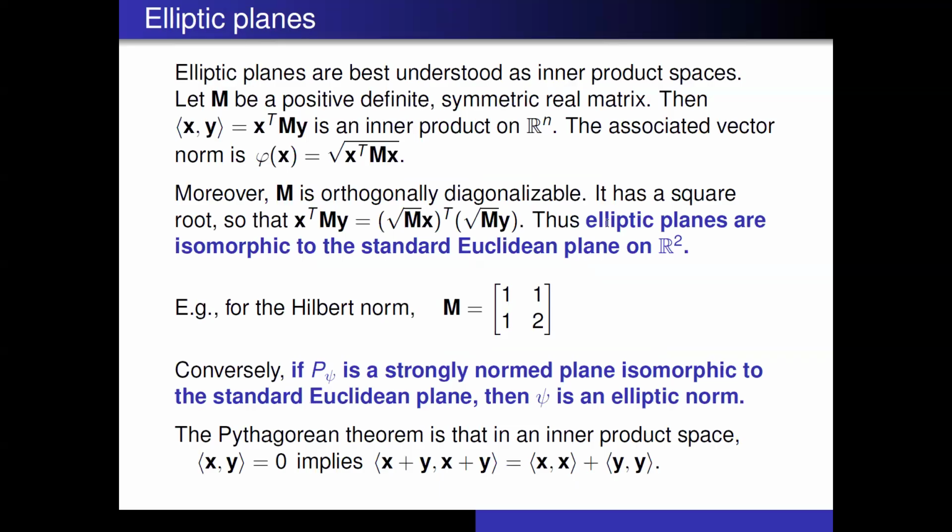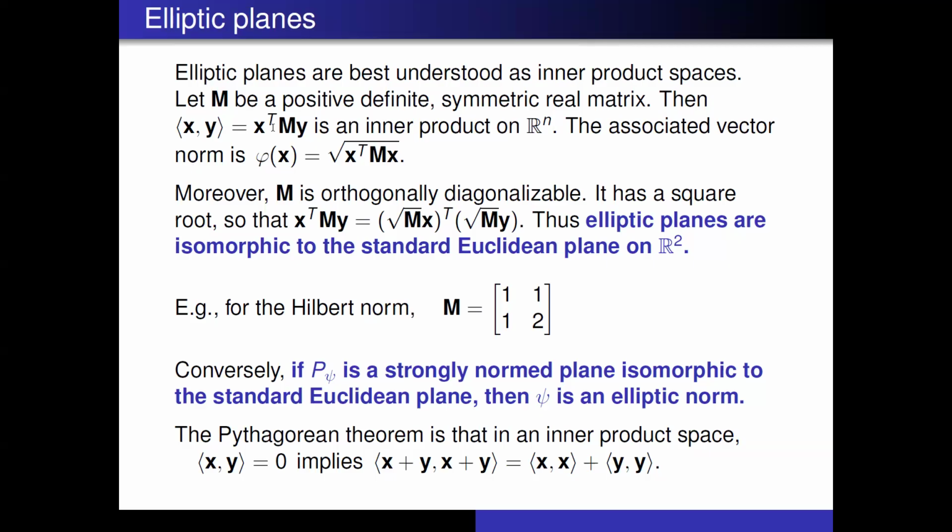And it turns out that every elliptic plane is just the plane given by an inner product, but the inner product is thinking of the vectors as column vectors, x transpose M y, where M is the sandwich matrix, and that should be a positive definite symmetric, in our case, 2 by 2 matrix.